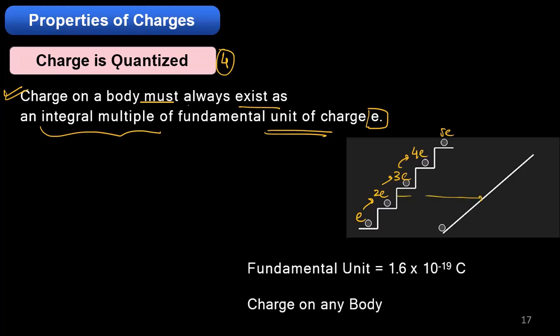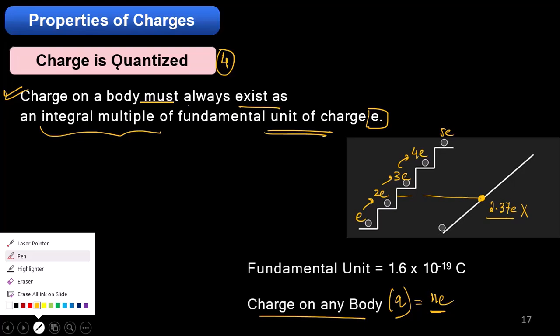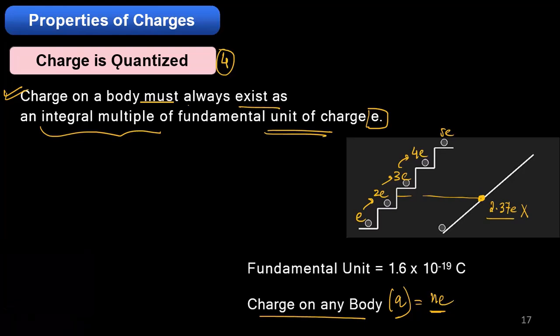If I say the charge is 2.37 e, that is not possible, since it is a fractional value of electronic charge. So if Q is the charge on a body, Q equals n into e. What is n? n is an integer multiple of the electronic charge. Every time n must be an integer; n cannot be a fraction.